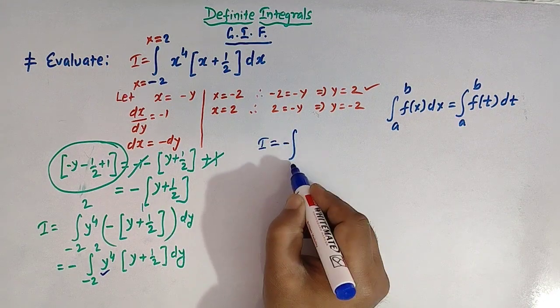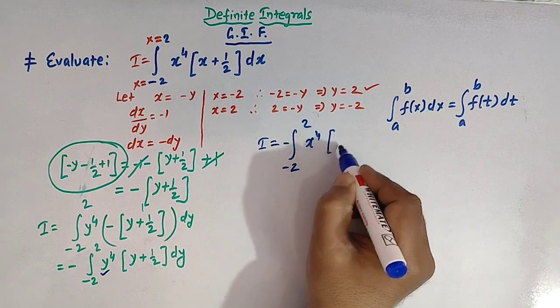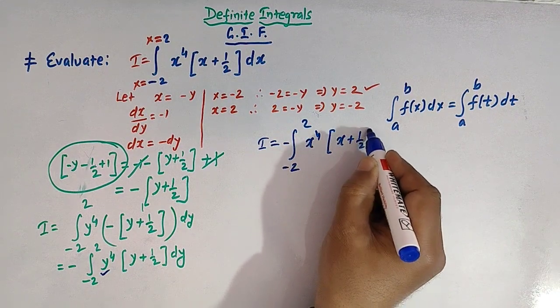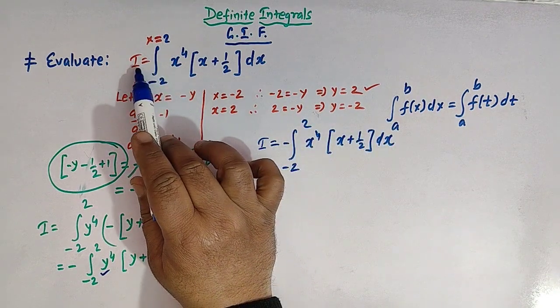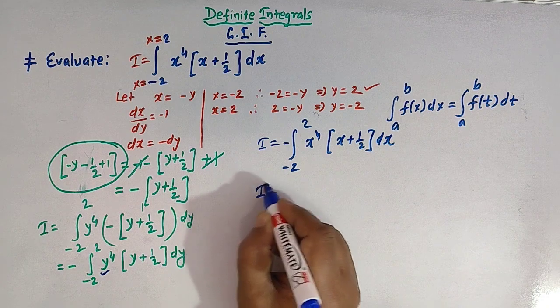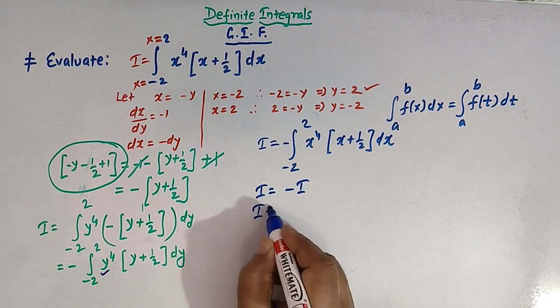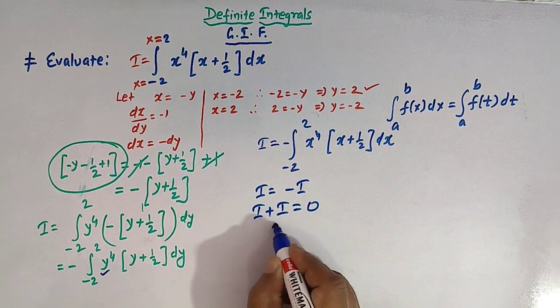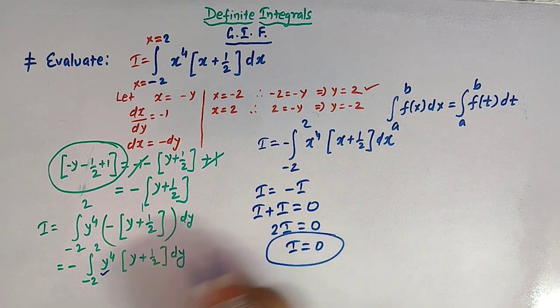So we have negative of the integral from minus 2 to 2 of x raised to 4 times the greatest integer of x plus half dx. So this integral is our original integral I. So we have I is equal to negative of I. So now we have I plus I is equal to 0, 2I is equal to 0, so I is equal to 0.